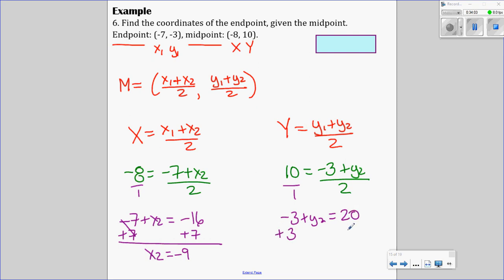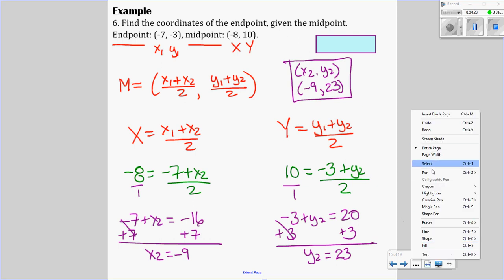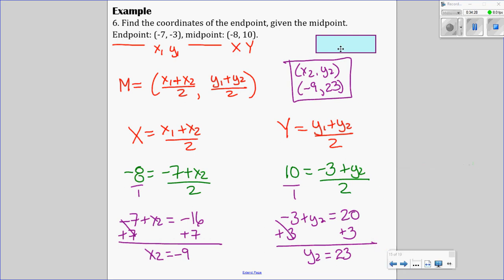Add 3 on both sides. y2 equals 23. So then our x2, y2 that we're looking for is negative 9 and 23. In parentheses, in coordinate form. If you do not put it in coordinate form, it is not fully correct.